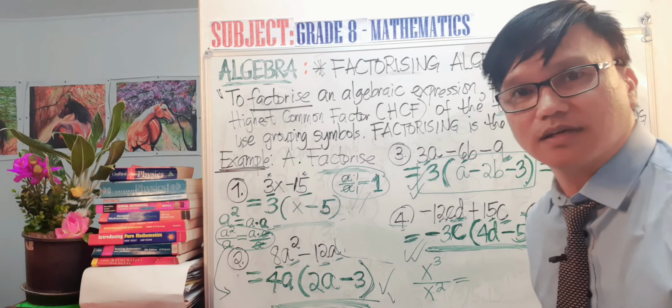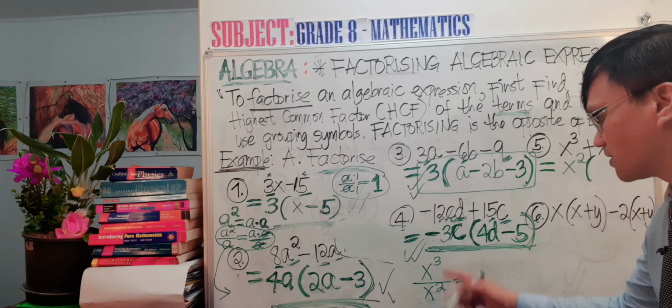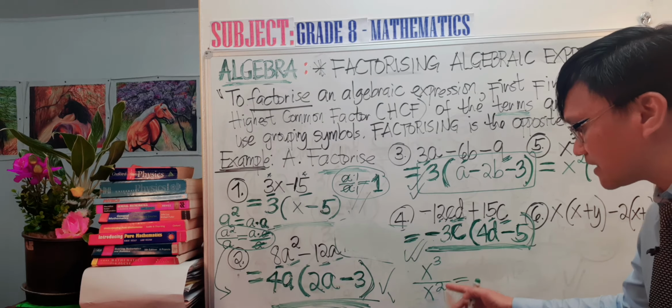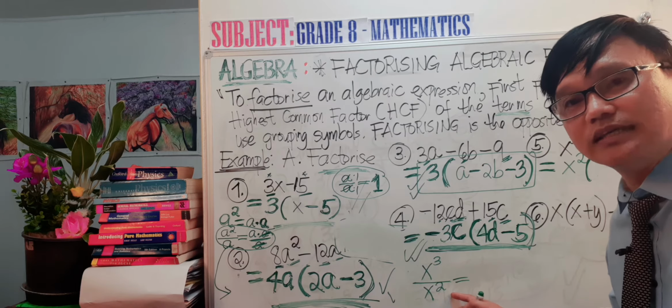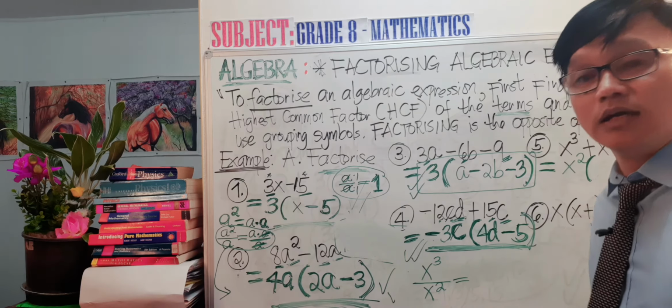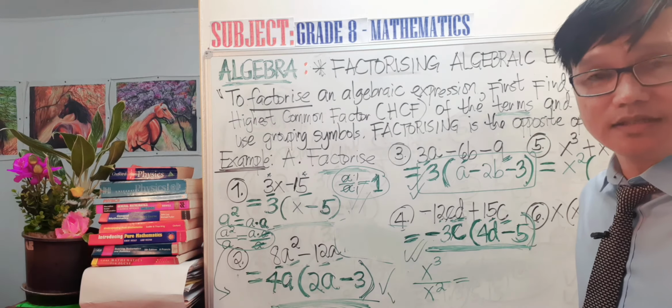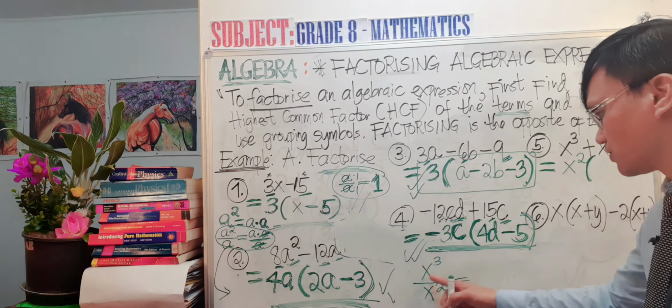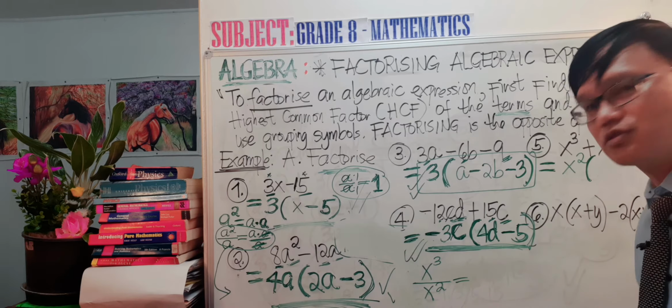What is the answer? This is in the topic indices or exponents, the law of indices and the law of exponents. So x to the power of 3 and x squared.